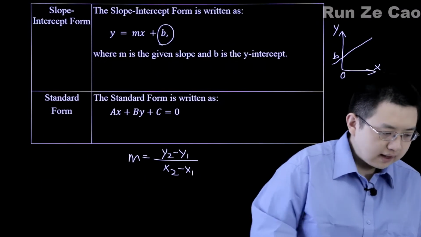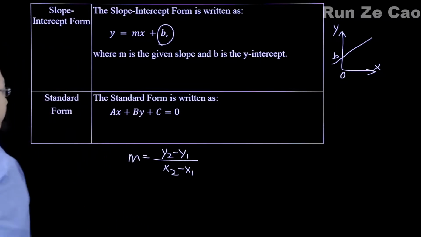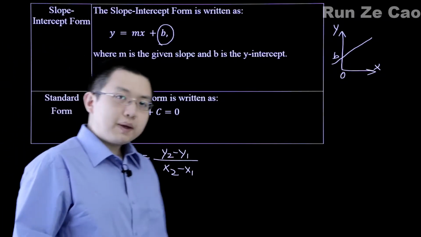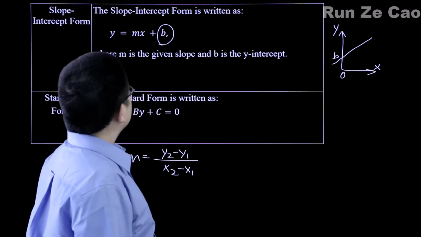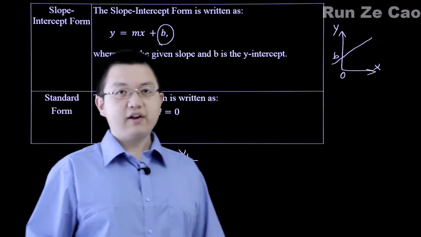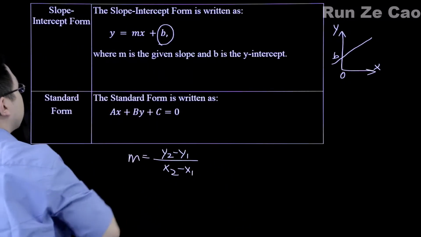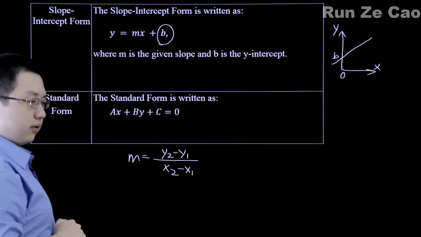Now, the standard form is written this way: ax plus by plus c equals 0. Most people prefer slope y-intercept, except when they really don't like fractions, because sometimes you get fractions for the m and b values.